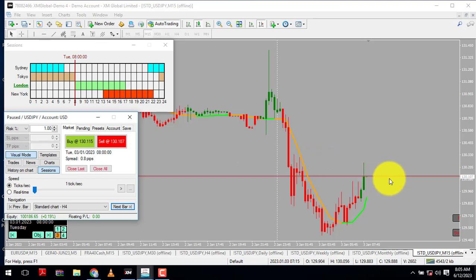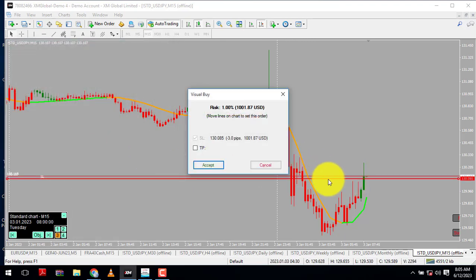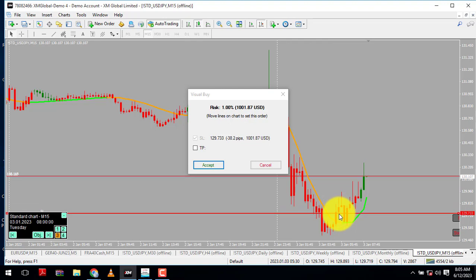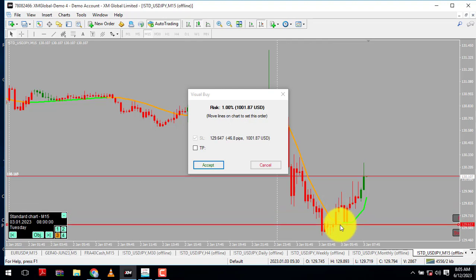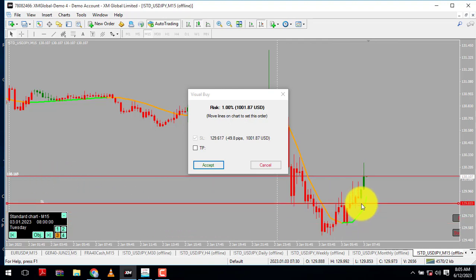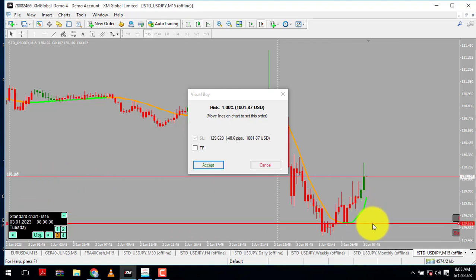and from there I get my first buy, and I buy the market, pull my stop. Let's put it below the last low, and the system calculates for you the lot size in case your stop loss was here, but now it's here.